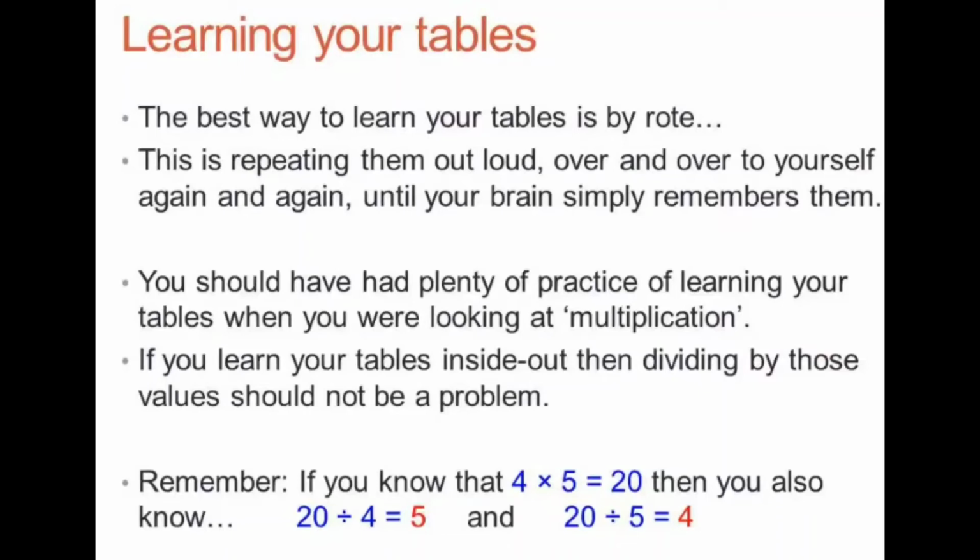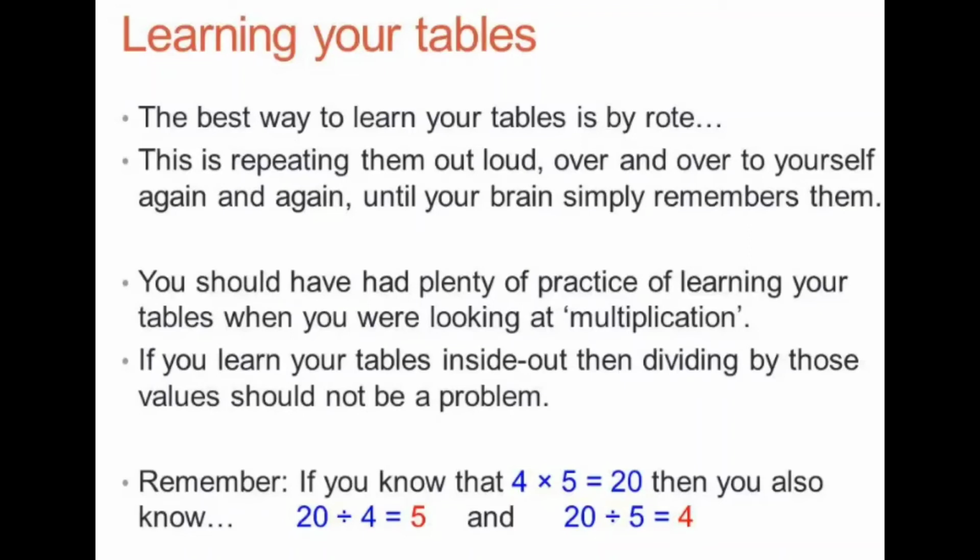Learning your multiplication tables. The best way to learn your tables is by rote. This is repeating them out loud over and over to yourself until your brain simply remembers them. You should have had plenty of practice learning your tables when you were looking at multiplication.